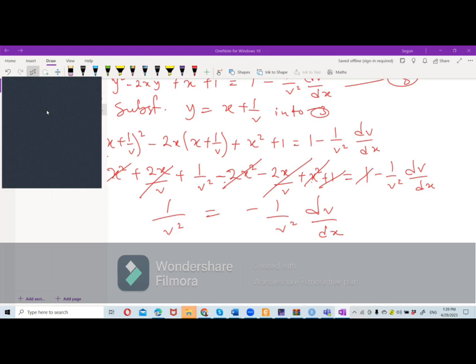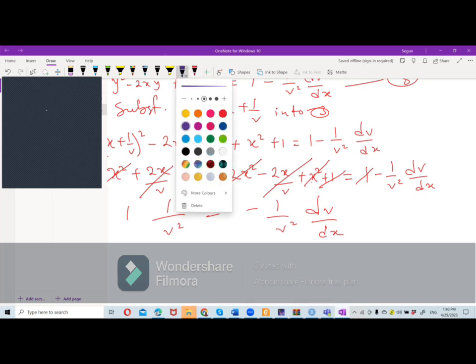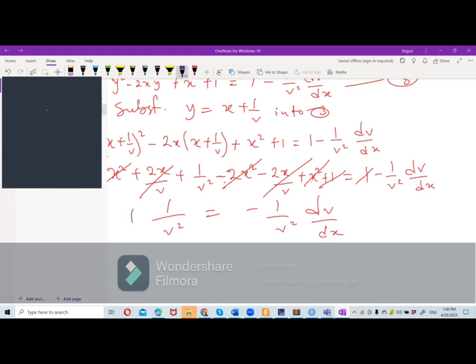Yes, we add 1 over v squared to both sides. I hope you guys are following. Leave the mathematician alone.